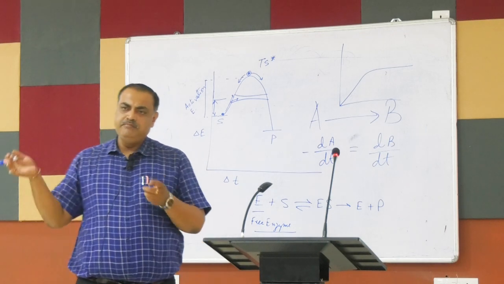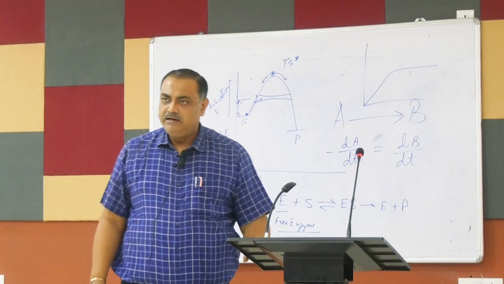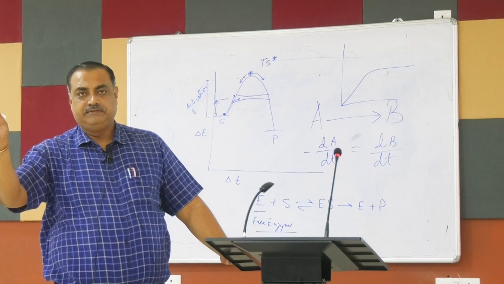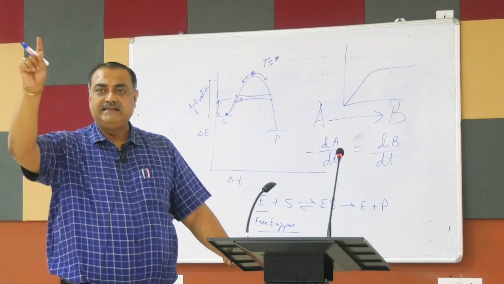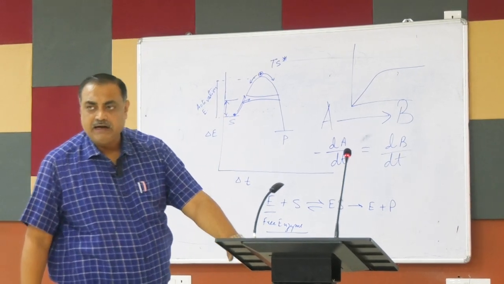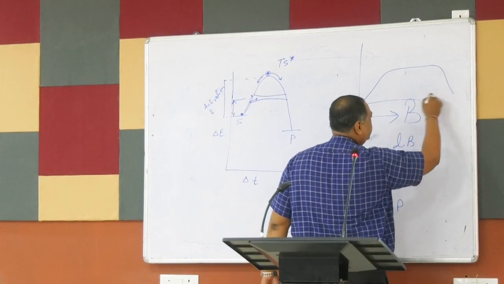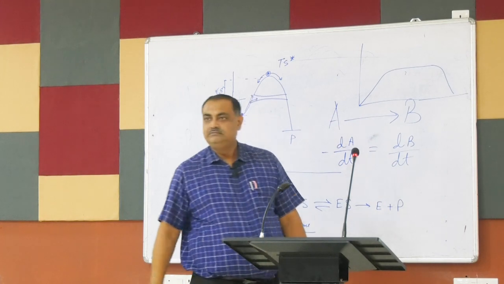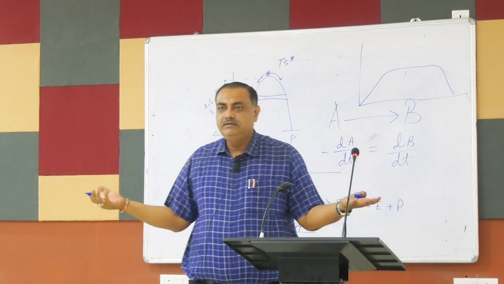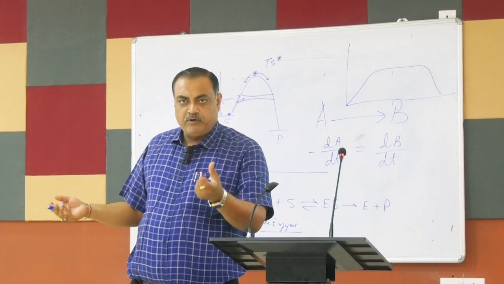Then how many more enzyme molecules you add, the rate will not increase. The rate will become standstill until all the substrates are done, and then the rate will decrease. Why? No substrate. Same wall, 500 people.